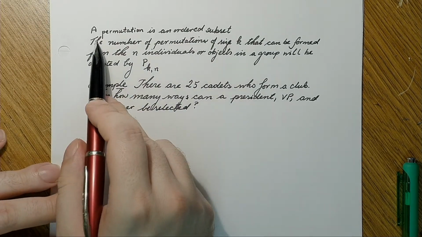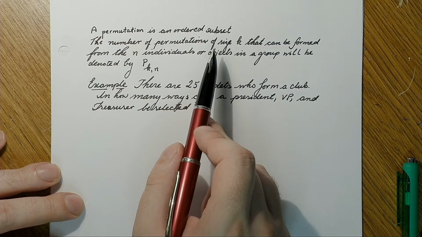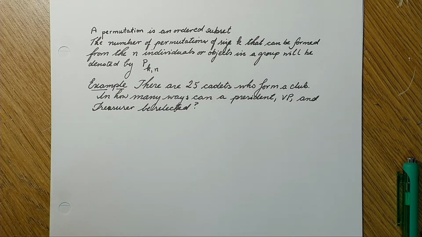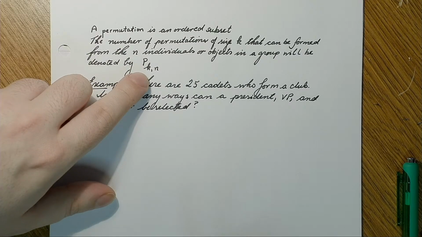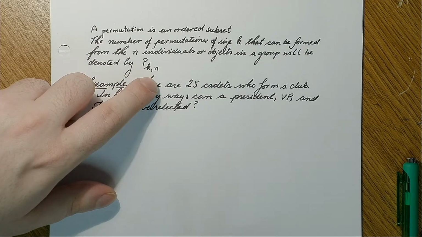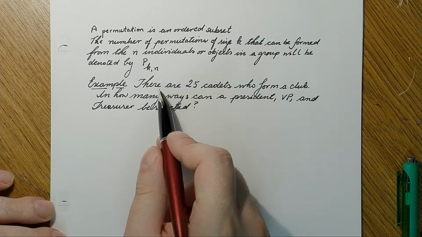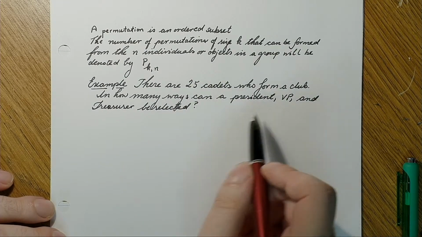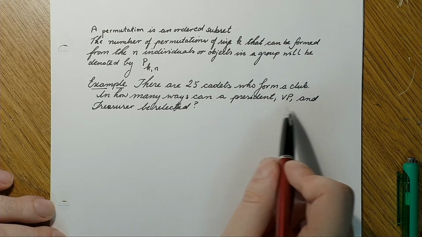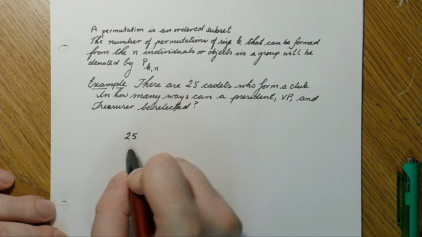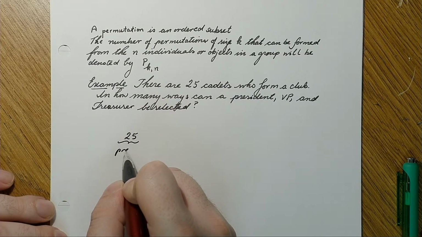So over here, a permutation is an ordered subset. The number of permutations of size k that can be formed from the n individuals or objects in a group will be denoted by P, and then it's k, comma n. There are 25 cadets who form a club. In how many ways can a president, a VP, and a treasurer be selected? Well, you would have 25 choices for the president.